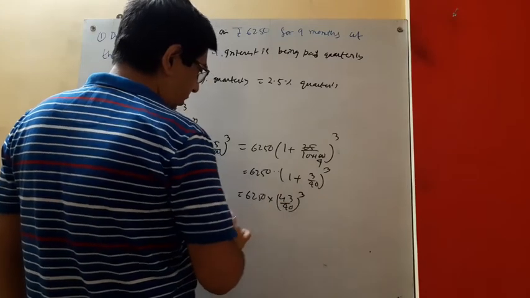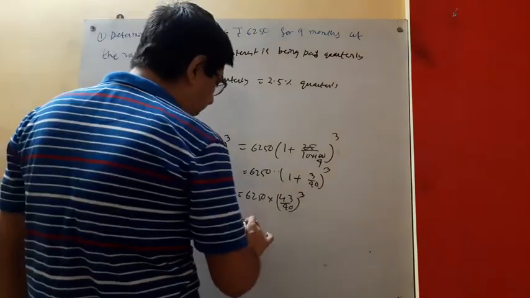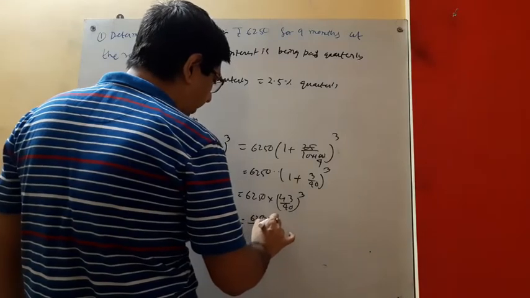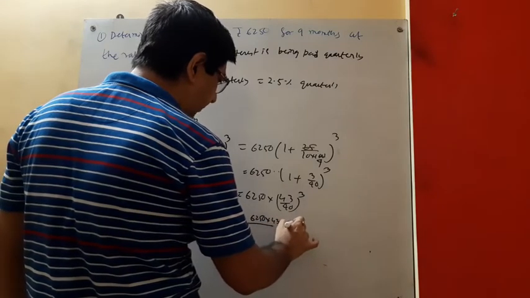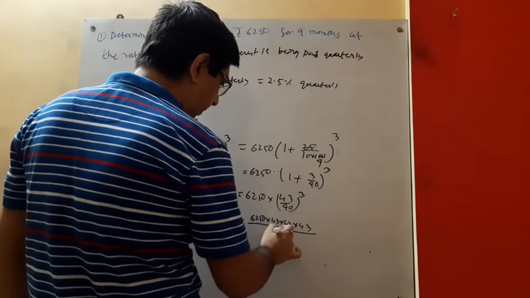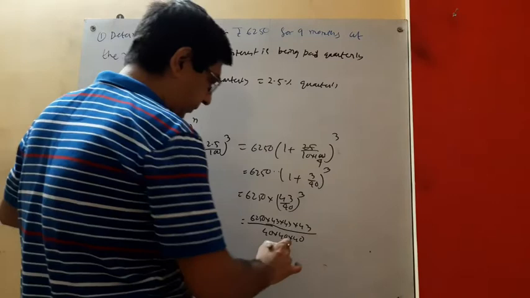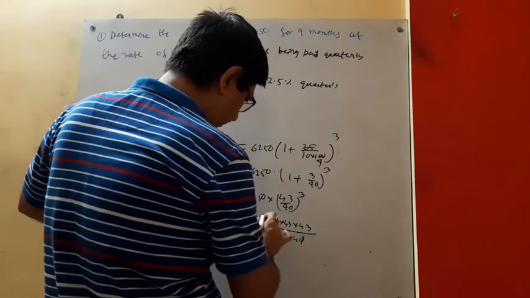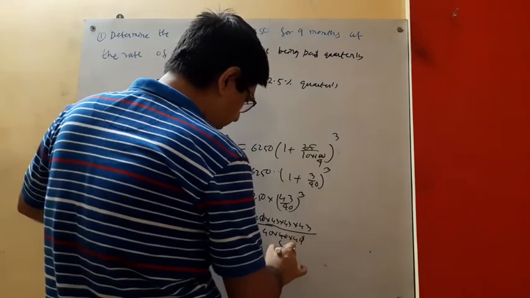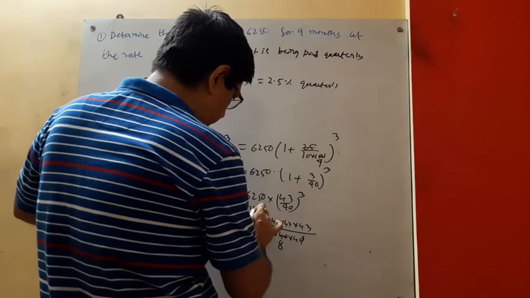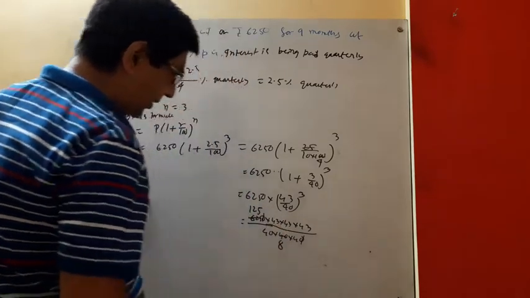So just go for this multiplication: 6250 into 43 into 43 into 43 by 40 into 40 into 40. Cancel.